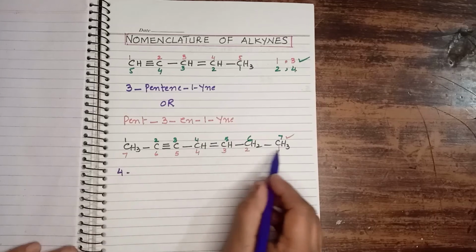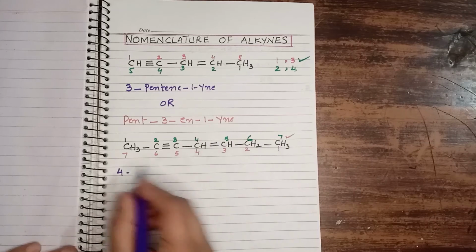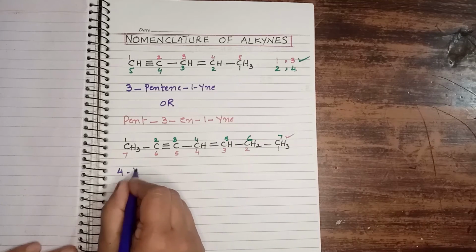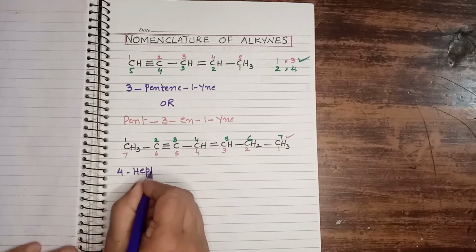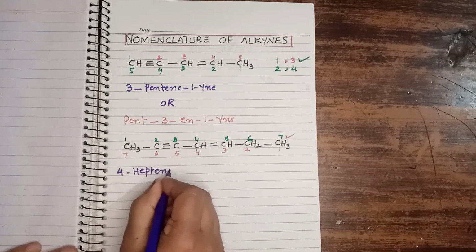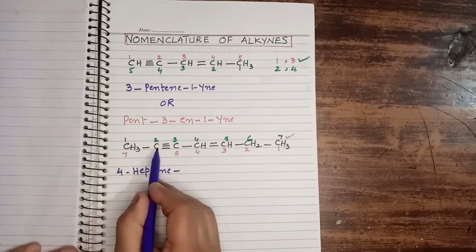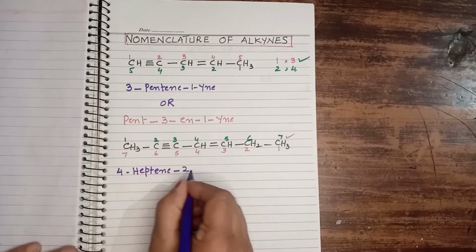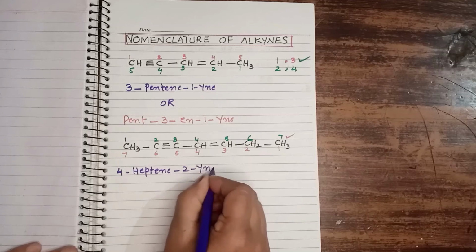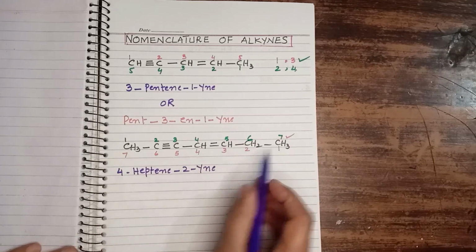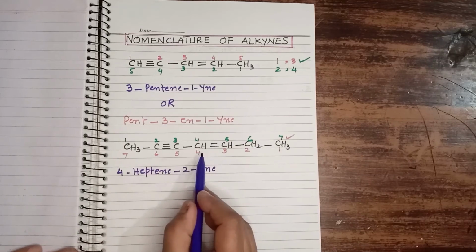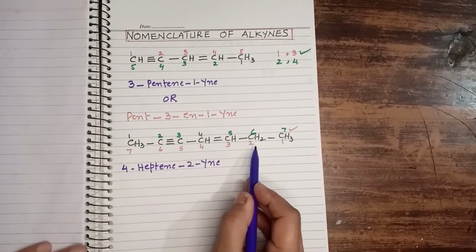And how many total carbon atoms are there? 7. So 4 hept. Hept means 7. 4 heptene. And what is the position of triple bond? It is present between carbon number 2 and 3. So we write 2-ine. The IUPAC name of this molecule is 4-heptene 2-ine.